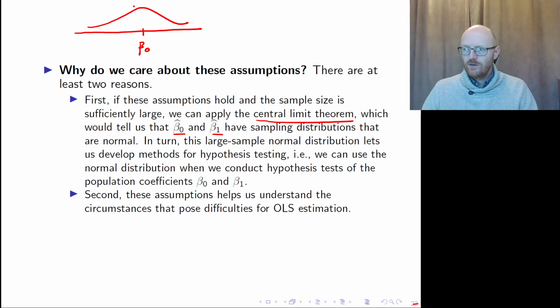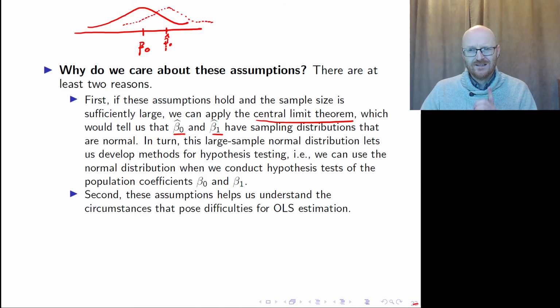Okay, so we can think of the beta hats as draws from this normal distribution, because we are using the central limit theorem, because we have a lot of data, and then we can just look at the estimates and draw the normal distribution around this estimate.